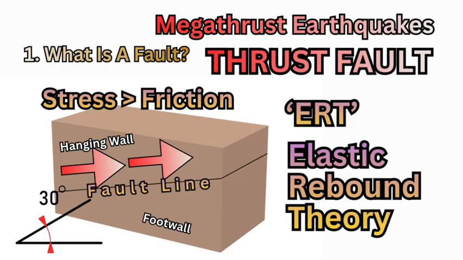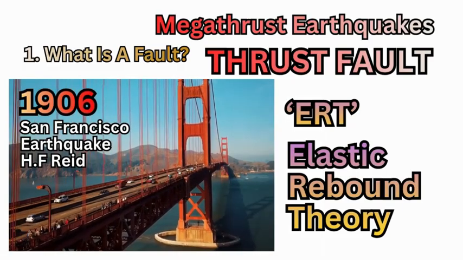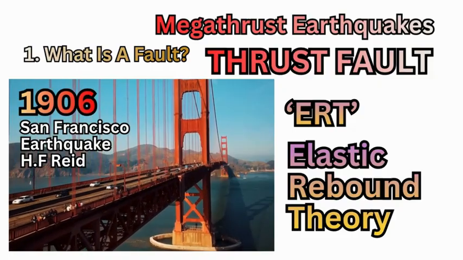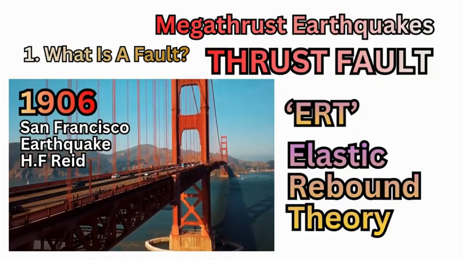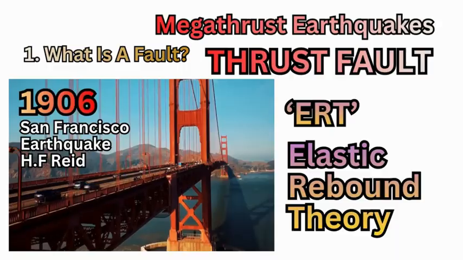Then comes the sudden rupture, the sudden release, the sudden displacement where the stress overpowers the friction and the hanging wall is thrust forwards, thrust upwards in a diagonal vertical direction, releasing the energy concurrently to cause the earthquake. And this theory was devised by Reid in 1906 after the Great San Francisco earthquake in California.